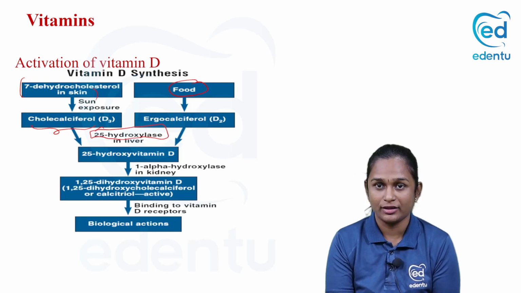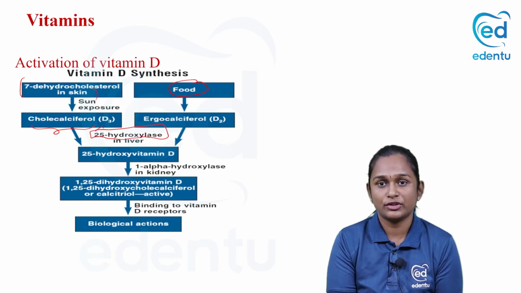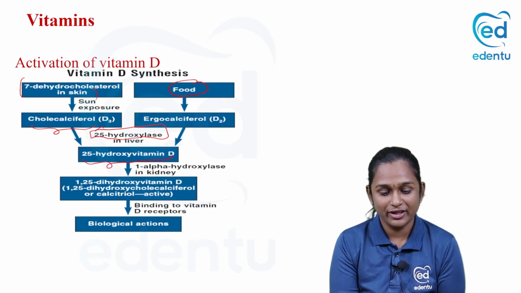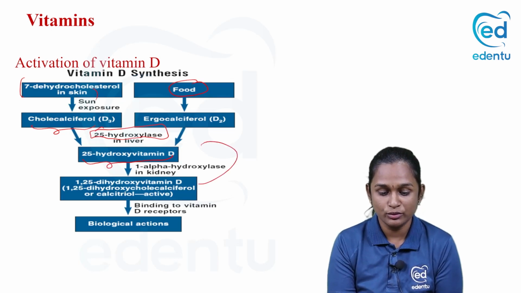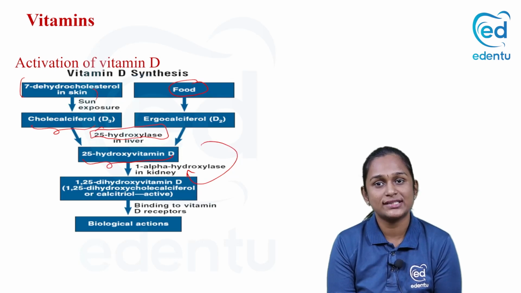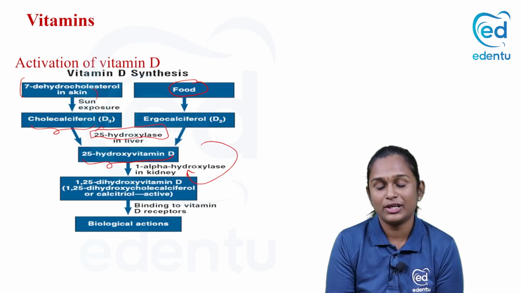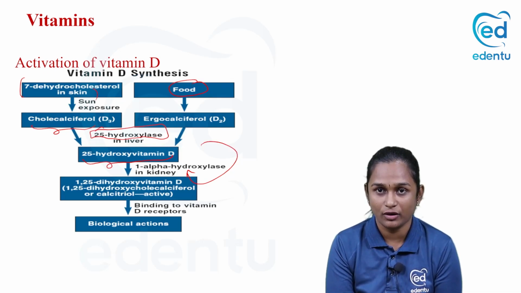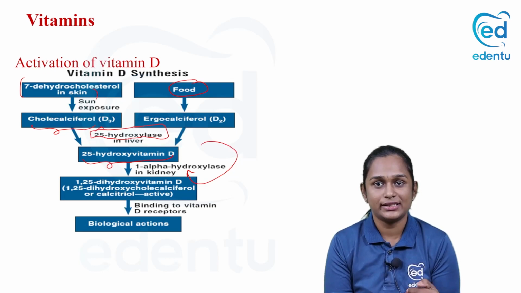So the 25-hydroxylase enzyme in the liver will attach the hydroxyl group to the 25th position, which will result in the formation of 25-hydroxy vitamin D. This 25-hydroxy vitamin D will move to the kidney where you have an enzyme called 1-alpha hydroxylase, which will hydroxylate the first position, which will result in the formation of 1,25-dihydroxycholecalciferol, otherwise called calcitriol. So this is the active form of vitamin D. Only this can exert its action.